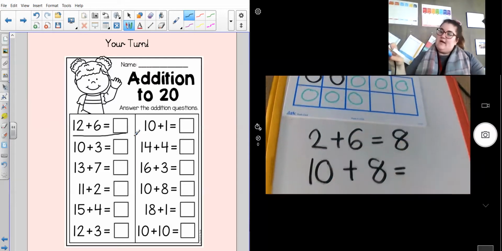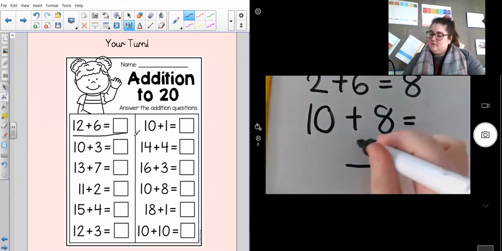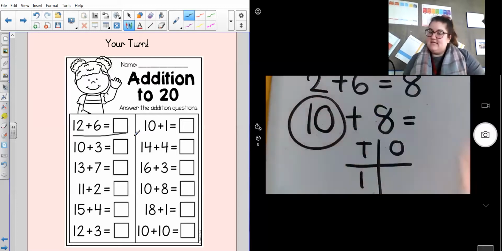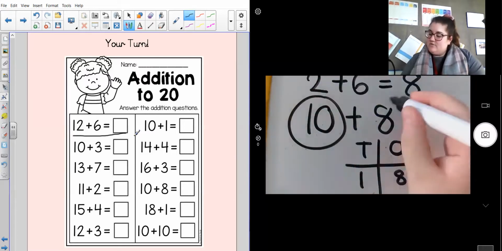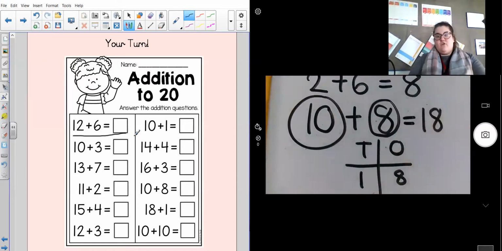I wonder what that could be. Let's think. Place value. 10s, 1s. I've got 1 group of 10. Here it is. And I've got 8 ones. There they are. So my number altogether, I've got 18 because this number 1 represents 1 group of 10 and this number 8 represents 8 ones.